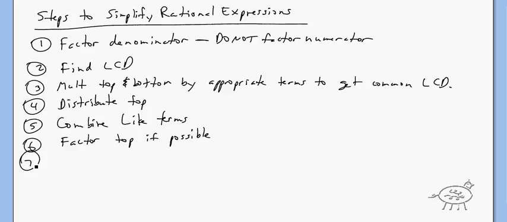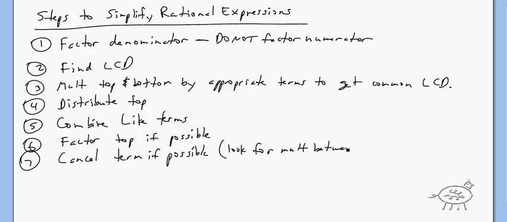And this last step, seventh step, is cancel terms if possible. And again, you want to look for multiplication between terms. Okay? Look for multiplication between terms. So keep this, that should be in front of you all the time. You got to follow those steps. Very, very important. So let's start out with an example.